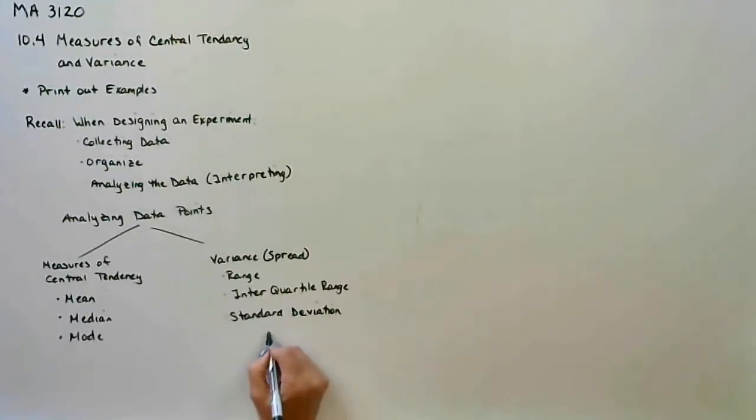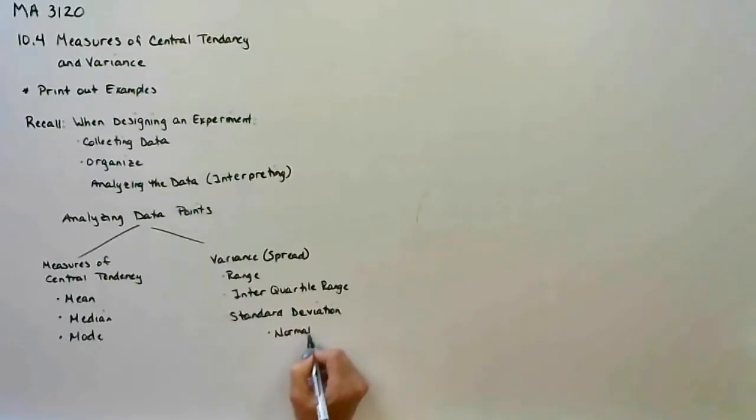So you may also, if you've had some statistics, you may have seen normal distribution. So again, I have typed up the examples for you. I will pause the video and write some of them down, but it might be easier for you to print that out and you can take the notes right on those sheets, or at least have them to reference.